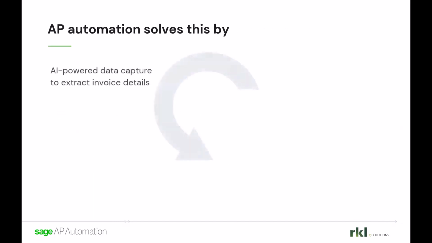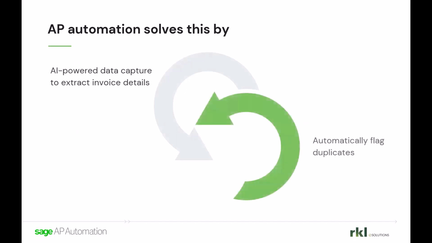So the AP automation uses AI-powered data capture to extract invoice details, such as amounts, due date, invoice date, vendor name, description, cost, quantities, all that fun stuff. Then it'll automatically flag those duplicate invoices in the system as well. So then you don't have to worry about potentially double paying or tracking them.